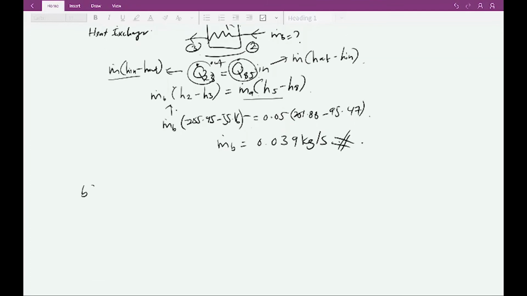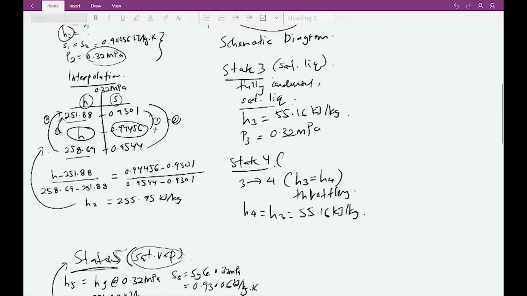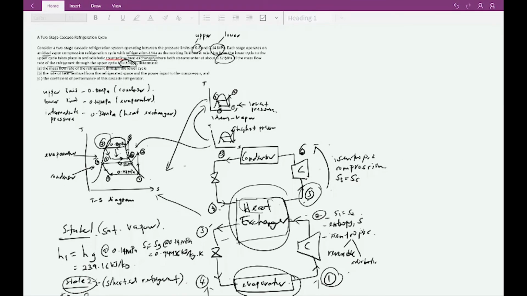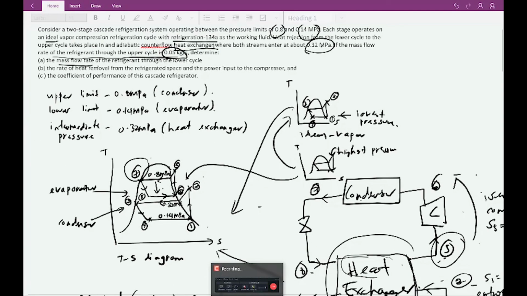And then let's check for question B. Question B is the rate of heat removal from the refrigerated space and the power input to the compressor. So you need to understand carefully what is the question asking. The rate of heat removal from the refrigerated space means the heat absorbed by the evaporator.